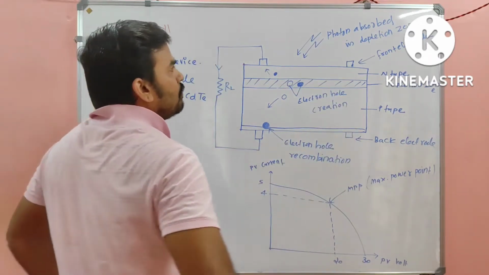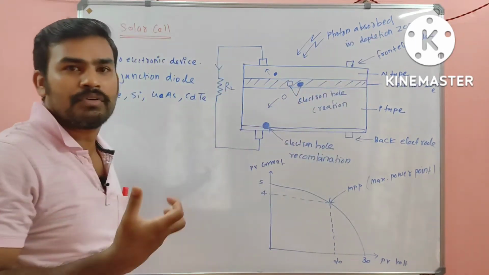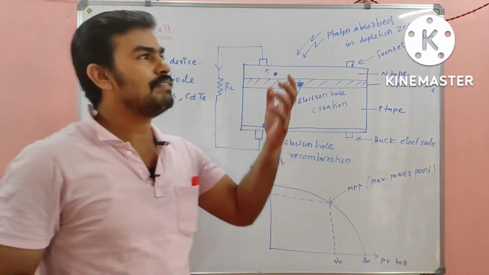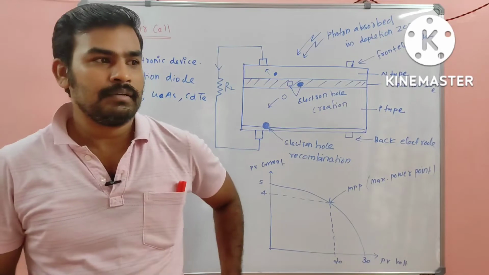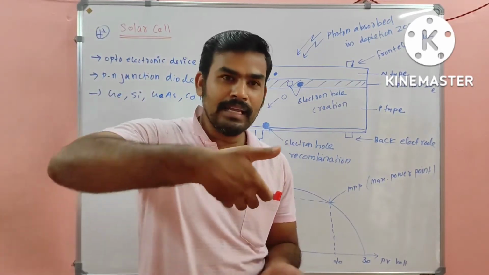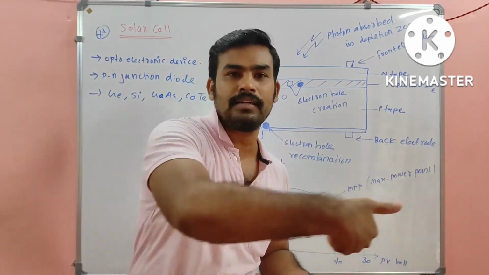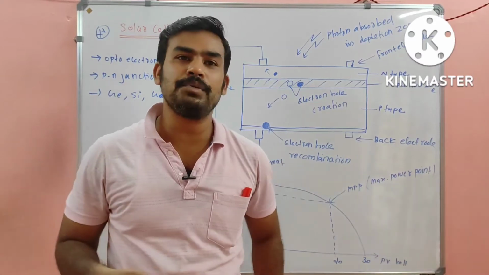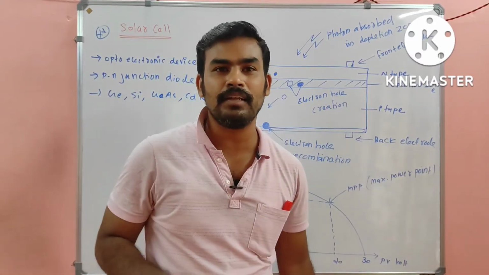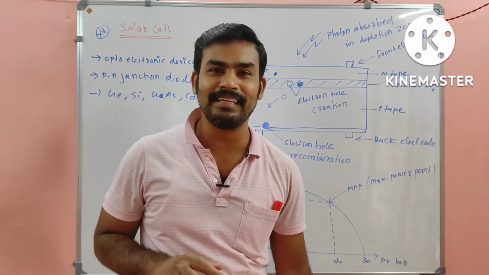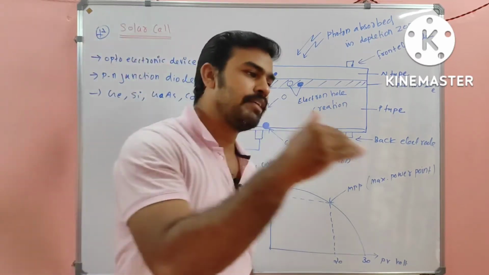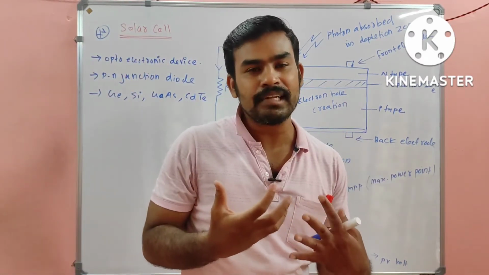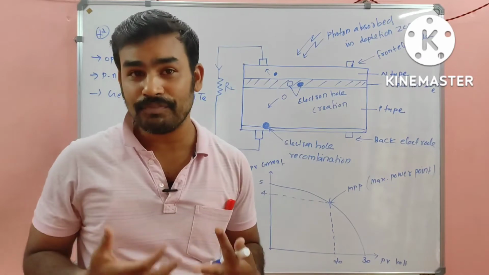What happens when a photon having a sufficient amount of energy arrives? The photon should have sufficient energy, because when we turn on a torch and shine it on the solar cell, it will not produce any electrical energy. That means the incident ray should have a certain amount of photon energy.